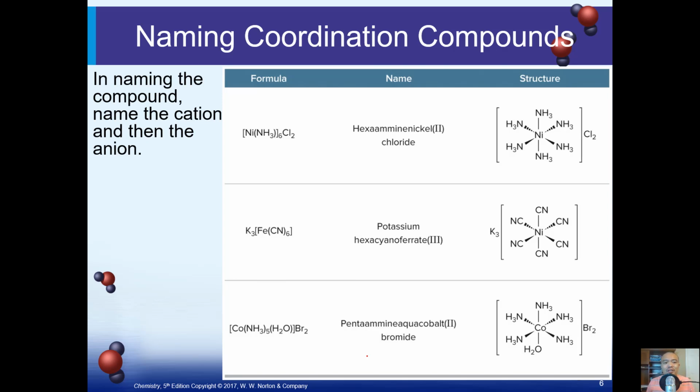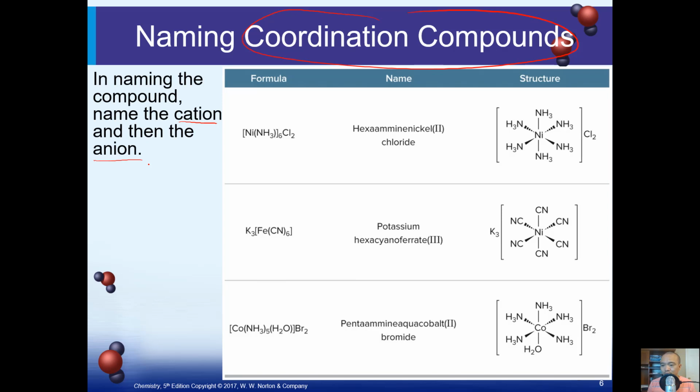First thing you need to understand is when we name an ionic compound, no matter if it's a simple ionic compound like sodium chloride, potassium sulfate, etc. When you name any ionic compound, including the ionic compound containing complex ion, also called coordination compounds, you always name the cation first, then you name the anion.